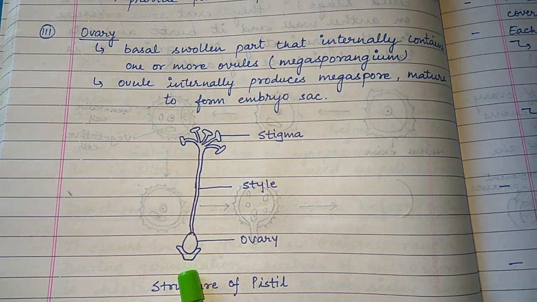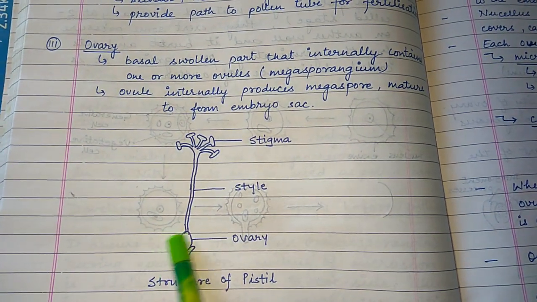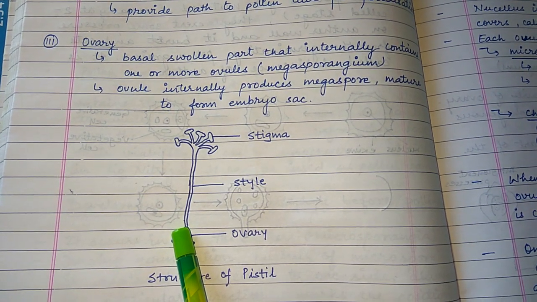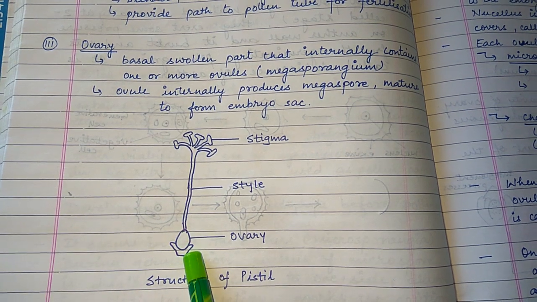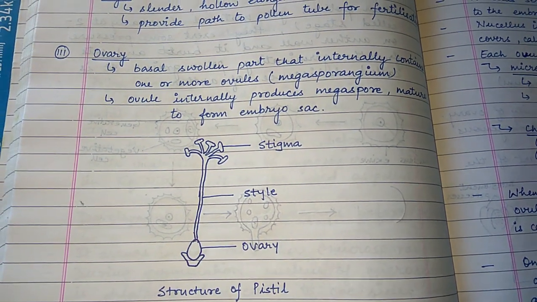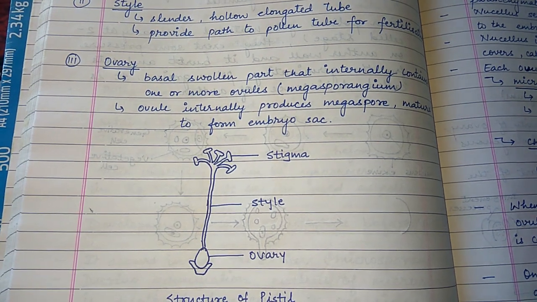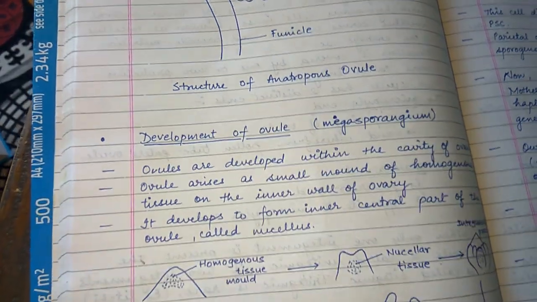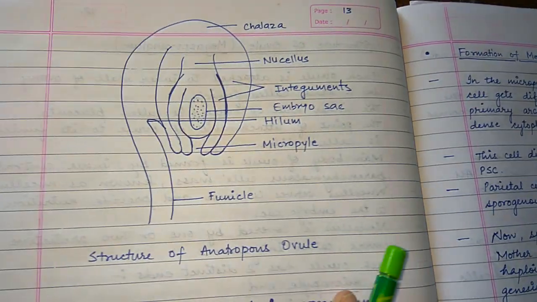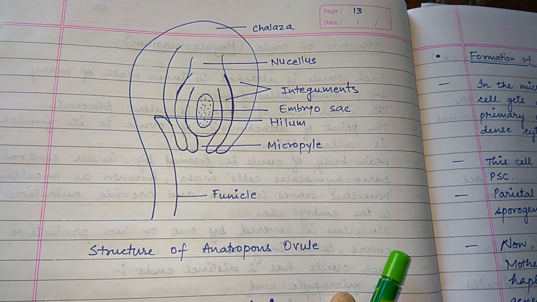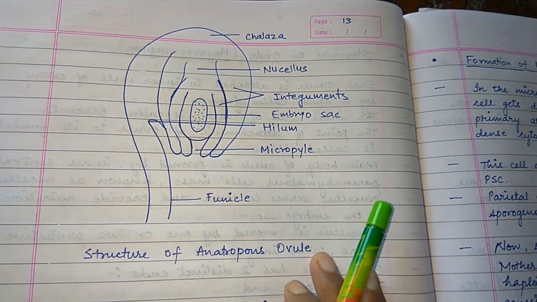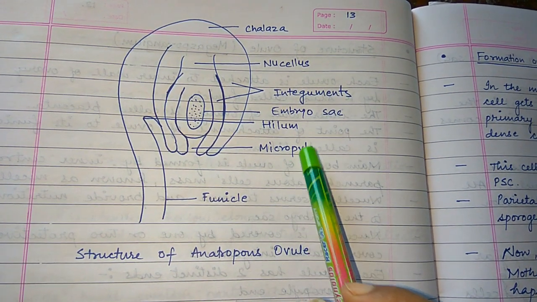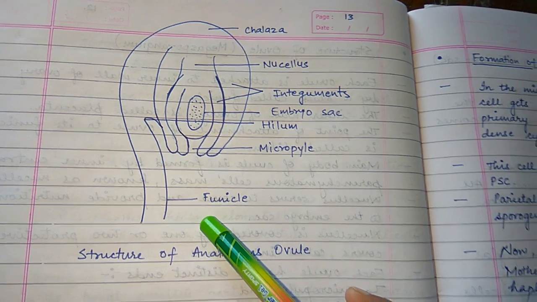It is the basal swollen part that internally contains one or more ovules or megasporangium, which produce megaspore and after maturity form embryo sac. Now, structure of ovule or megasporangium. So the ovule is attached to the inner wall of the ovary called placenta.